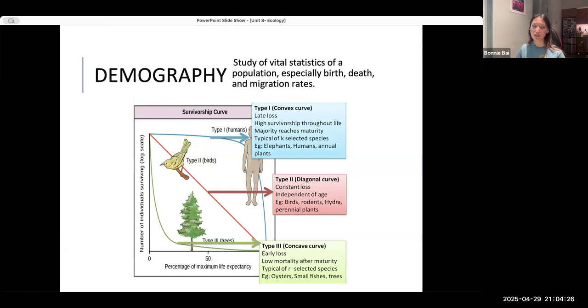For humans, for example, a lot live through the earlier parts, then population size drops, percent living drops when we get older, obviously. That makes sense. We know how humans work.